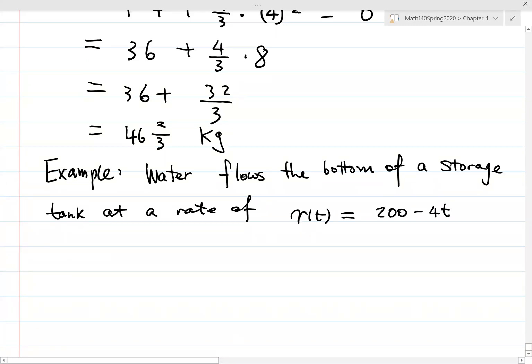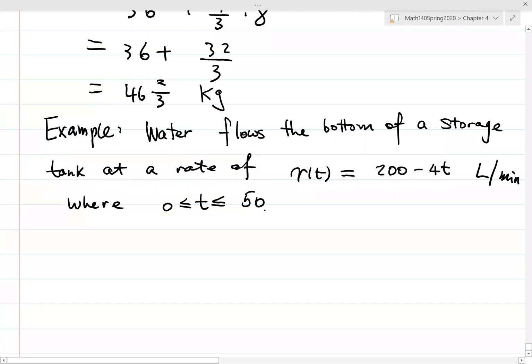The unit is liters per minute, where t is from 0 to 50. So if t is 0, then we get 200 liters per minute, and when t is 50, then r(t) will be 0.